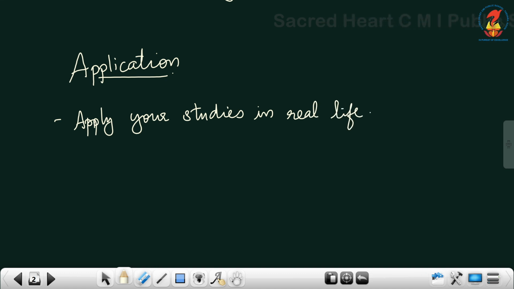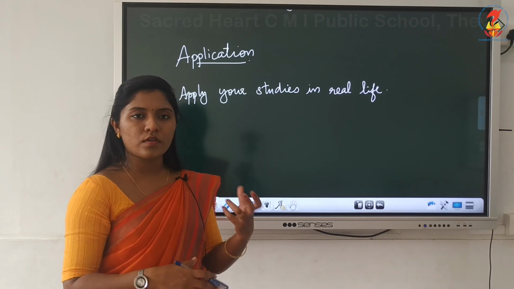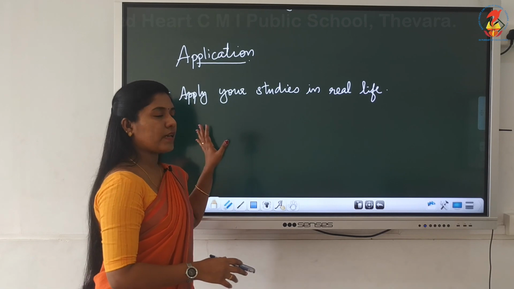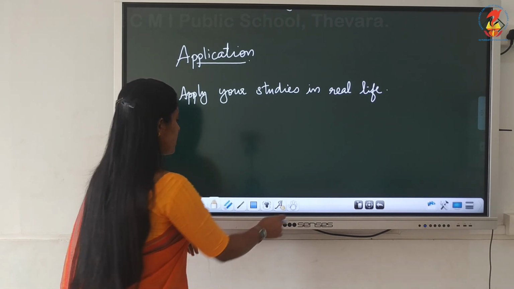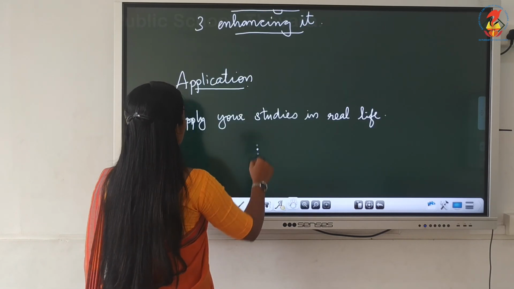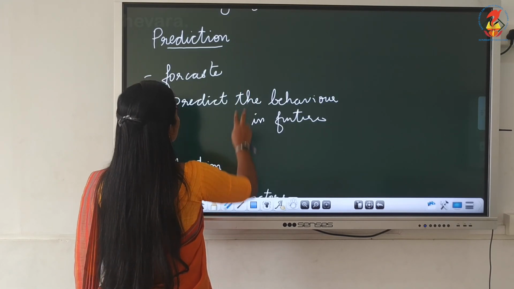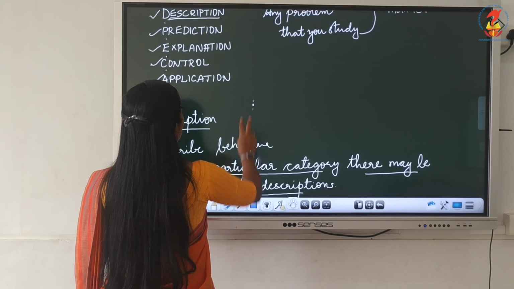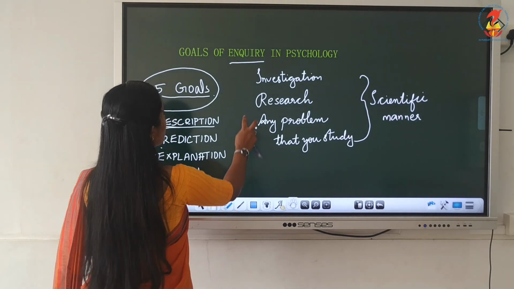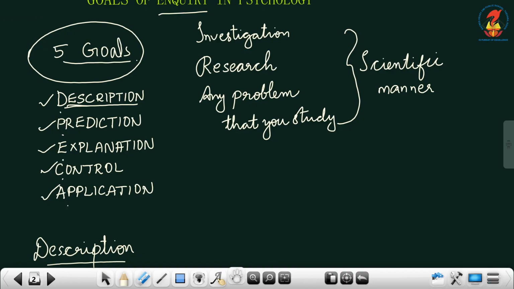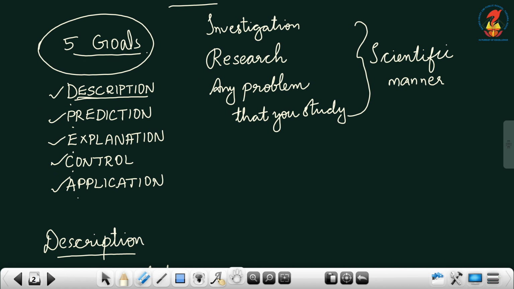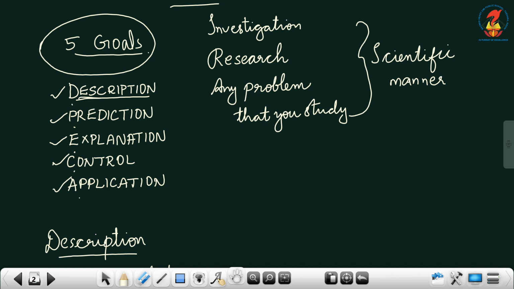So here the last goal is application. You apply the knowledge you gain through the research in real life. So these are the five goals of inquiry in psychology. First one, description, then prediction, explanation, control and application.